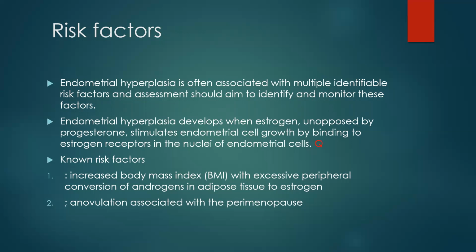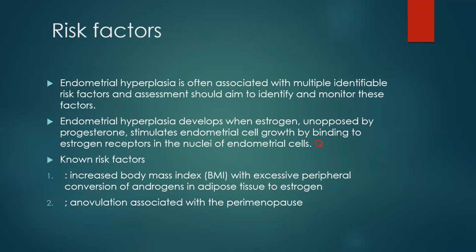So, risk factors: endometrial hyperplasia is often associated with multiple identifiable risk factors, and assessment should aim to identify and monitor these factors. Endometrial hyperplasia develops when estrogen, unopposed by progesterone, stimulates endometrial cell growth by binding to estrogen receptors in the nuclei of endometrial cells.